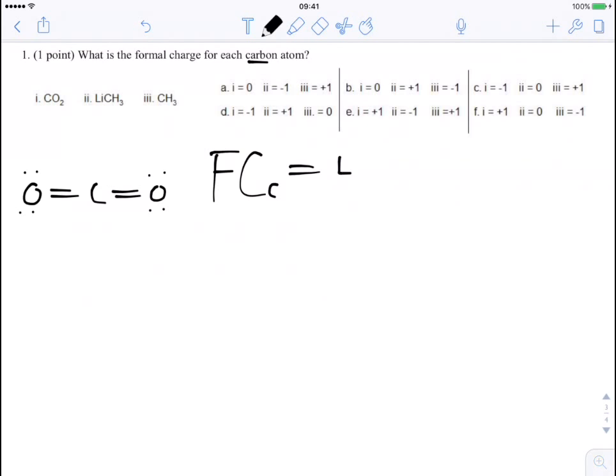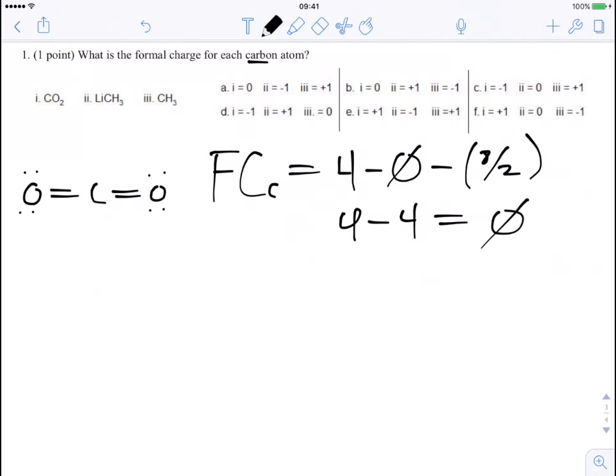So you're going to put the group number minus the lone pair electrons minus half of the bonding electrons. So you just end up having 4 minus 4, which equals 0. And again, that makes sense because you don't see any charges on the carbon. So we'd immediately know it's not D, E, C, or F.